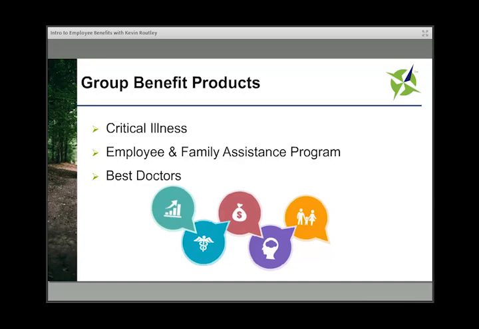Employee and Family Assistance Program is another program I think that every employer should have on their program, for a cost between $3 and $5 per employee per month. An Employee and Family Assistance Program can help to provide counseling in the event of many different items.